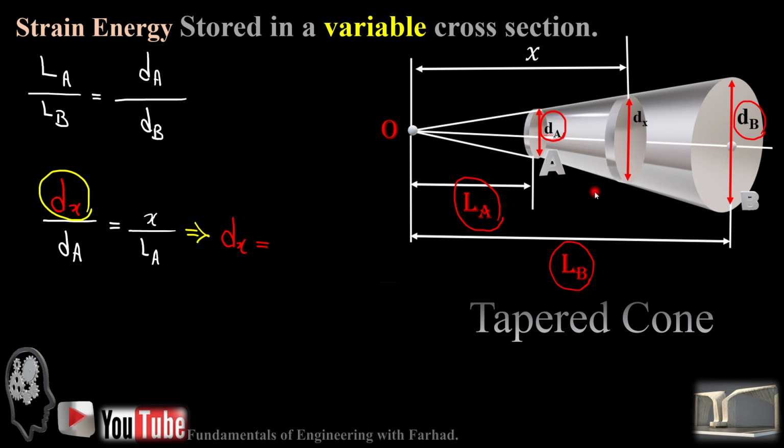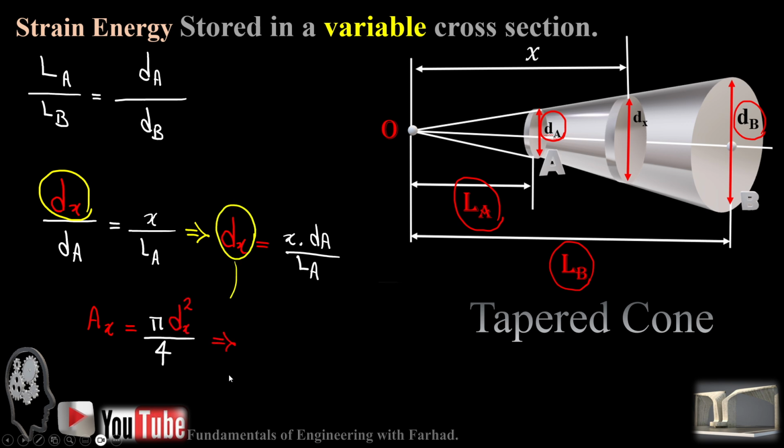This time we have the same relation, but based on x and LA. So dx over dA is equal to x over LA. Then we get the parametric form of our differential equation for dx, which is x dA over LA. And definitely Ax is nothing but pi dx squared over 4.